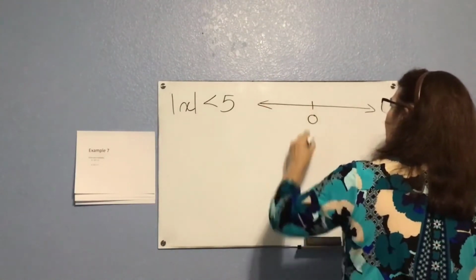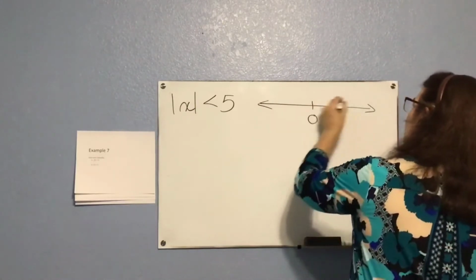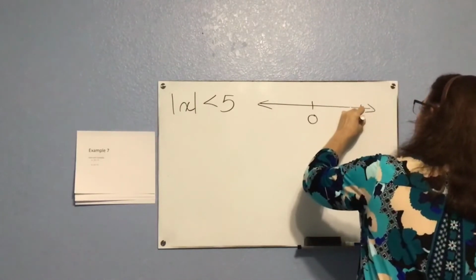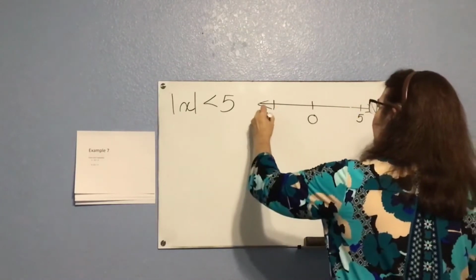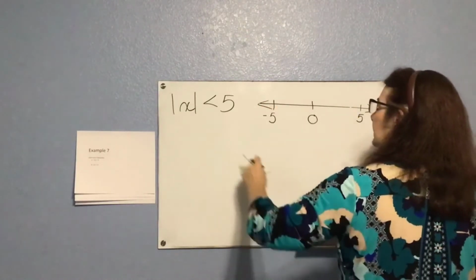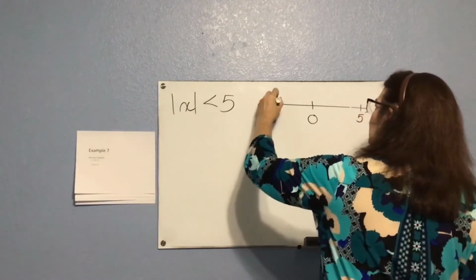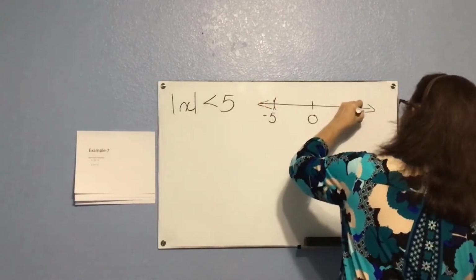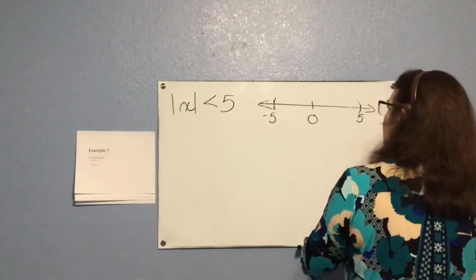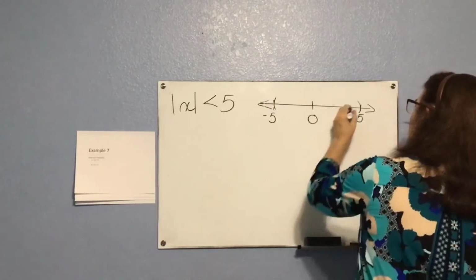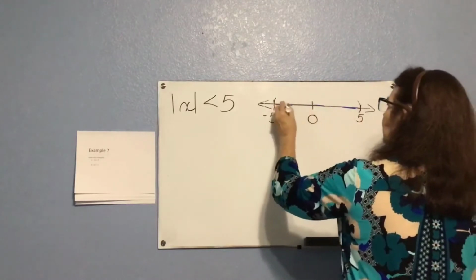And here's 0. And if I go 5 units to the right of 0, I'm at positive 5. 5 units to the left, I'm at negative 5. And that distance has to be less than, so I have to be in between those two values, right in here.